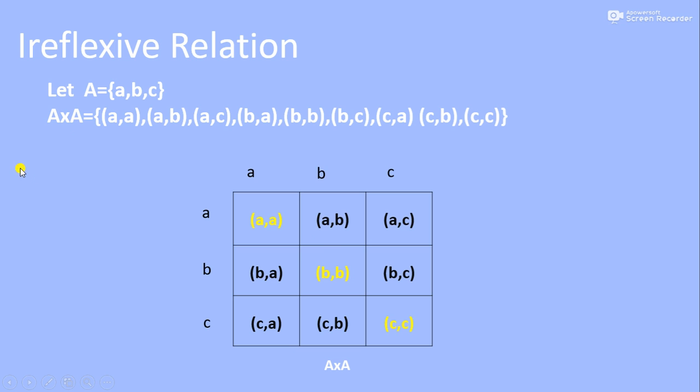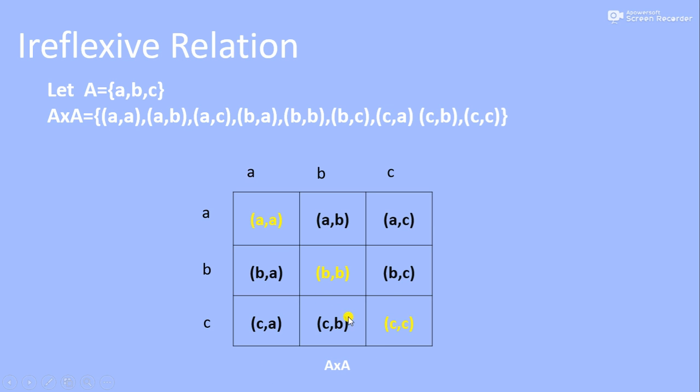In our previous video, we have seen that the reflexive relation is the relation which contains all these diagonal elements. If the relation contains all these diagonal elements, then this type of relation is called reflexive relation. But irreflexive relation is just the opposite of reflexive relation.